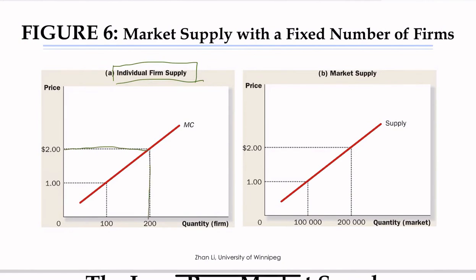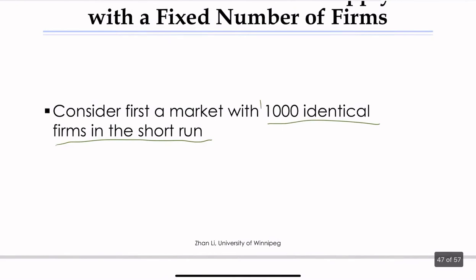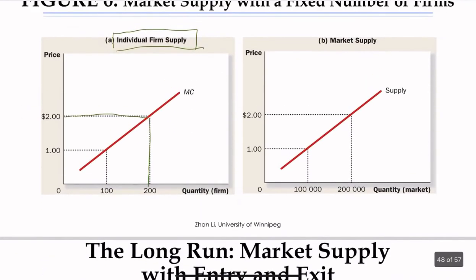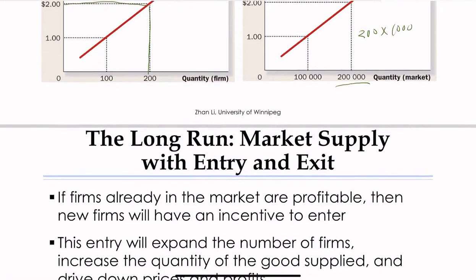Now, if we assume all firms are the same, with 1,000 identical firms, the total quantity supplied in the market would be 200 times 1,000, which is 200,000, right? So it's quite an obvious calculation here.